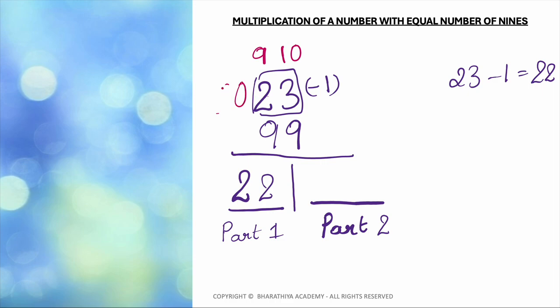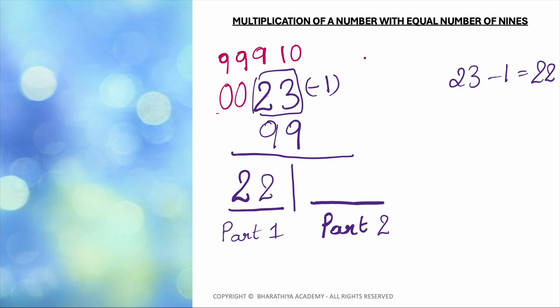So for 23, there is nothing. It means 0, right? Clear till now? So why we are writing, what concepts we are applying, we will learn in just a few minutes. But just try to understand how to arrive at the answer.